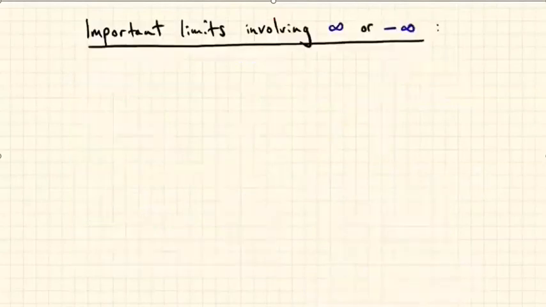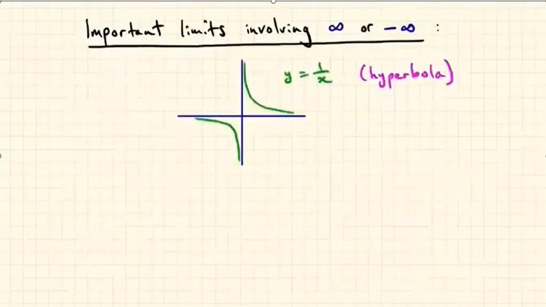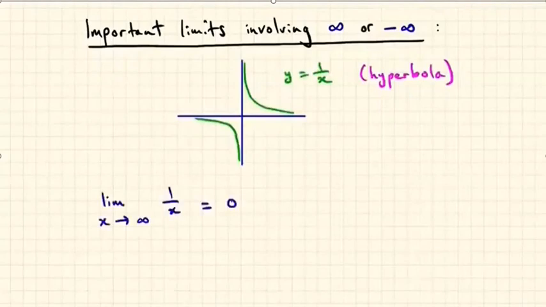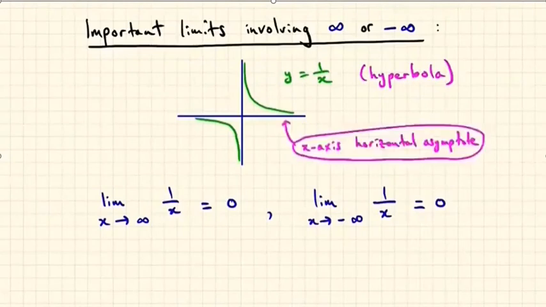There are a number of important limits involving infinity symbols. If you take the simplest hyperbola, the graph of y equals 1 over x that we used earlier, then 1 over x approaches 0 as x gets arbitrarily large positively or negatively, captured by these two statements in limit notation. And the x-axis becomes a horizontal asymptote.